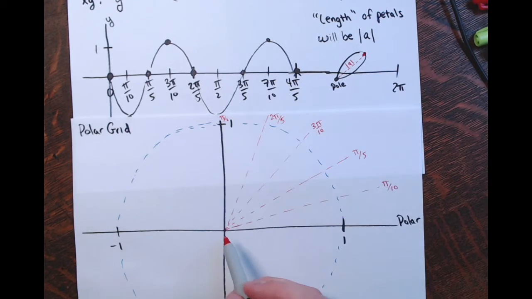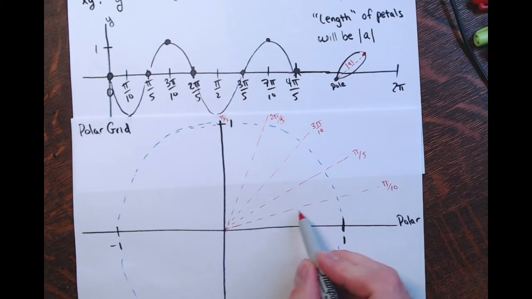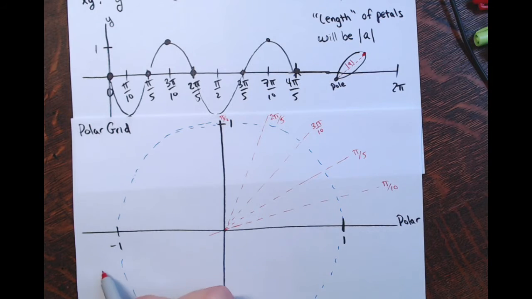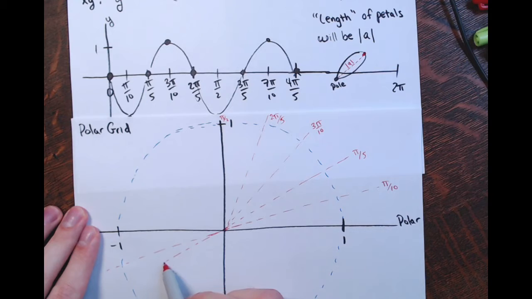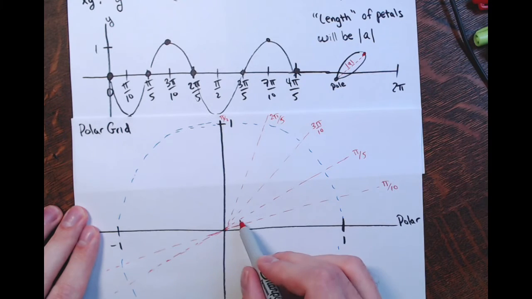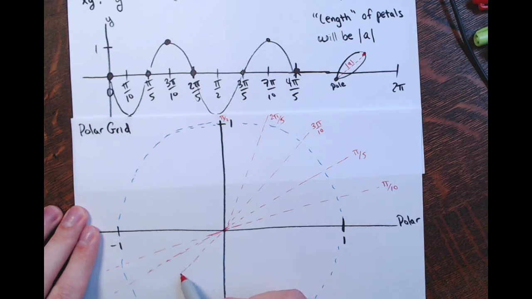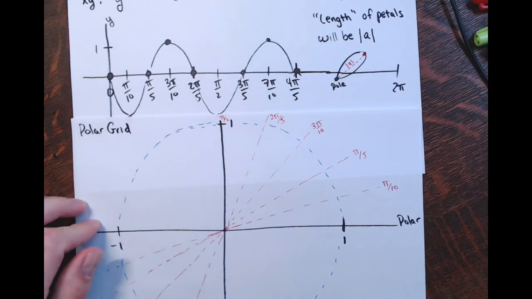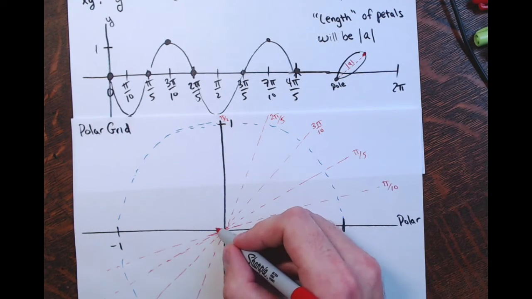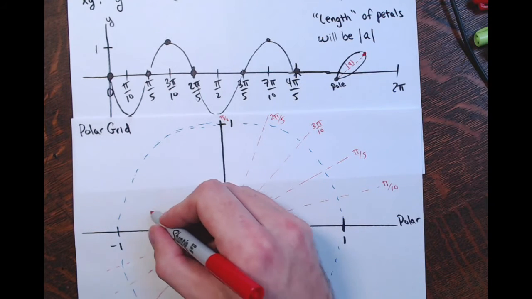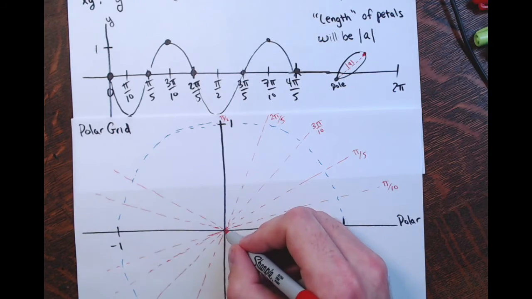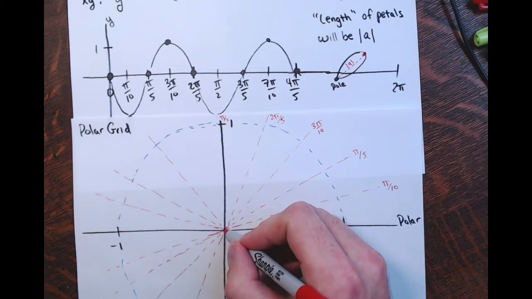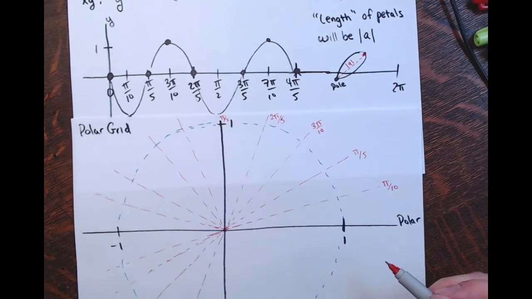So bear with me here. I'm just going to extend these lines. And then do the same over here. 1, 2, 3, 4.